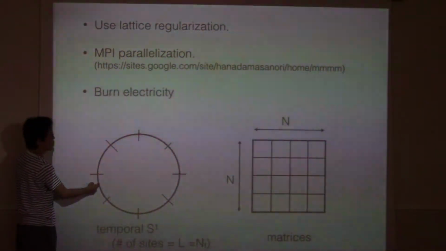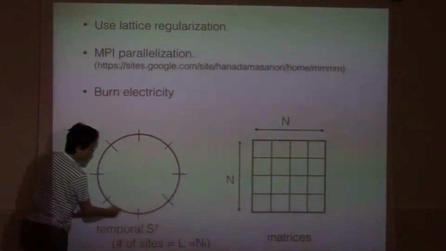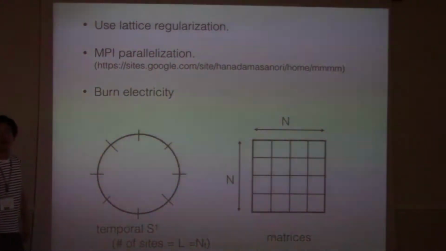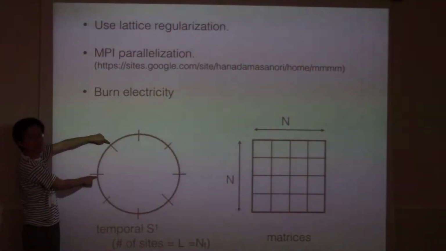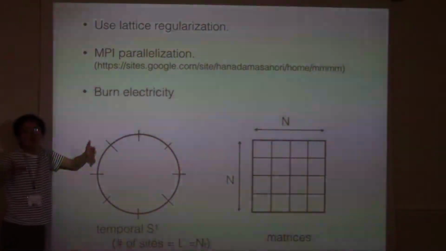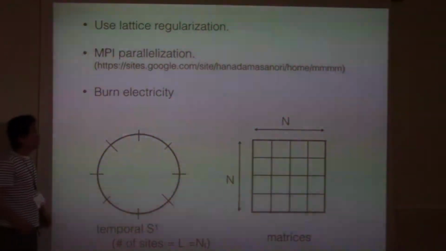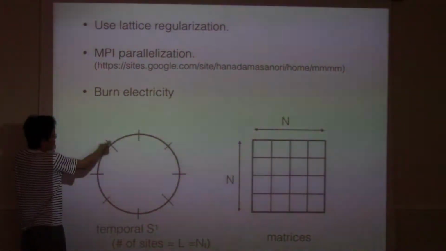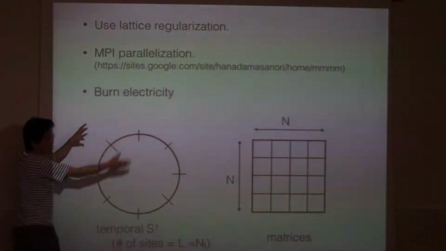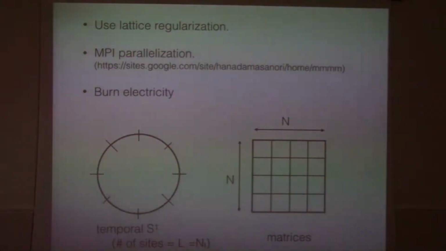We introduce a lattice on this time direction, and we have, say, 30 or 40 or 50 points. And we just introduce sub-lattices consisting of 5 points or 4 points. Each CPU can take care of a small sub-lattice and they can work together.